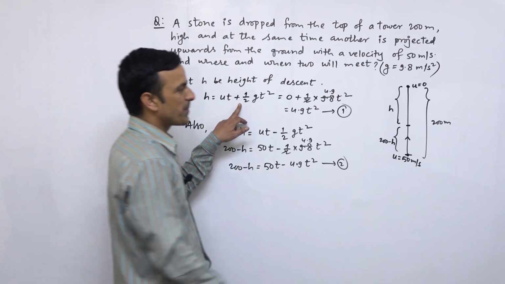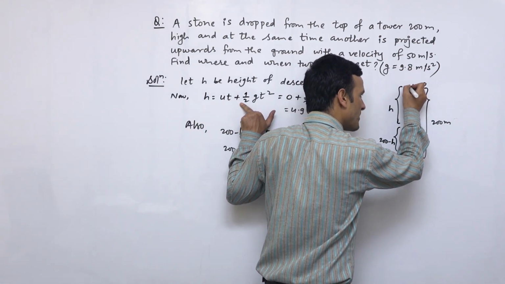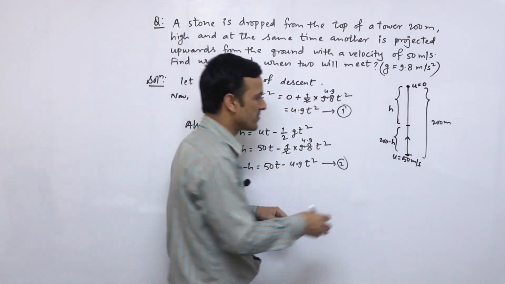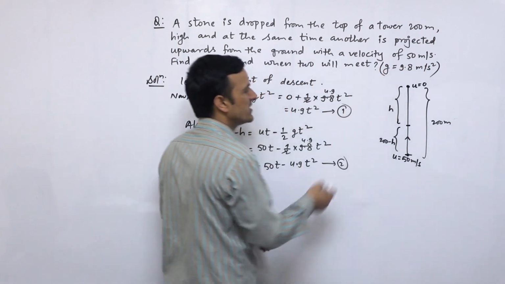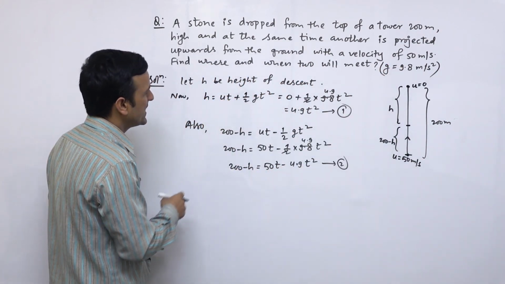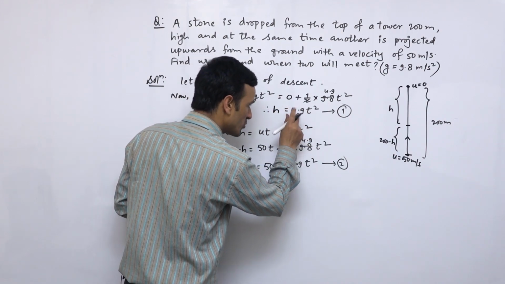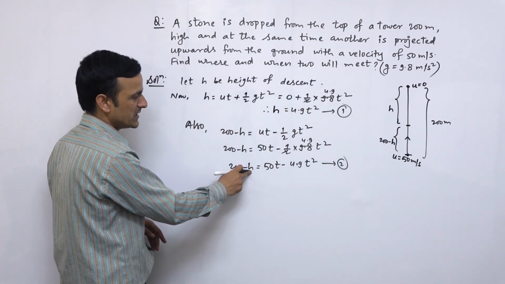This is the equation for the particle dropped from this point, and this is the equation of the particle projected upward from this point, in just the opposite direction. This is the value of h, so we can substitute this value in this step.